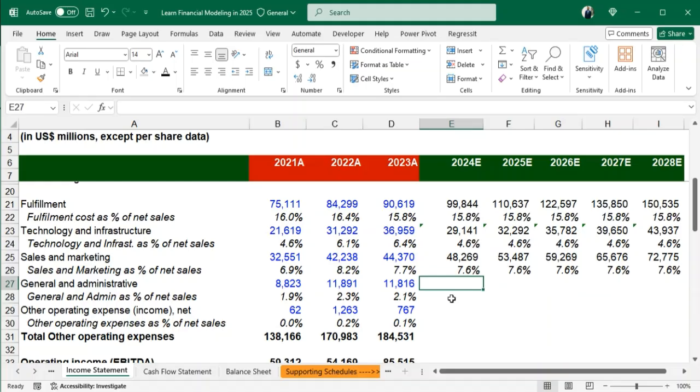General and administrative expenses, we can use the average once again.